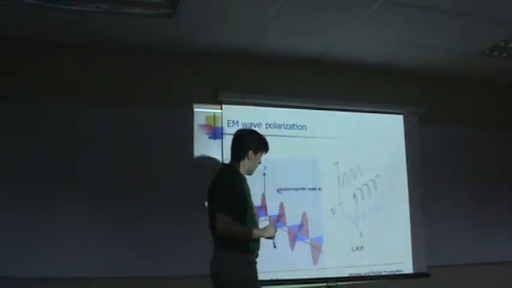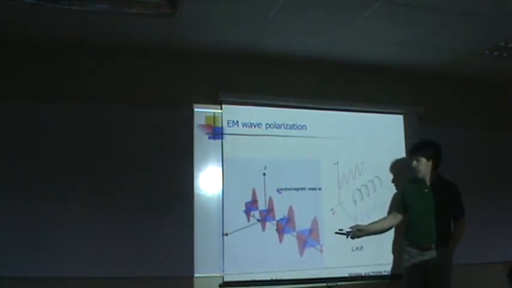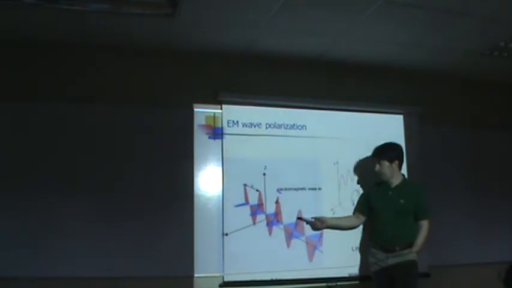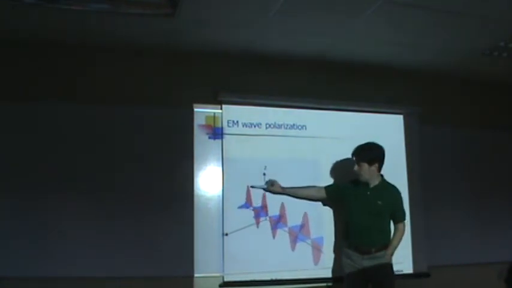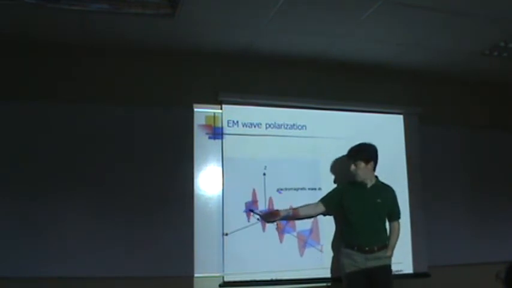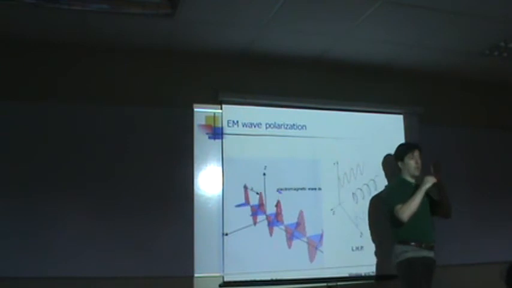Okay, so what you see here, or you should see here, is a plane linearly polarized electromagnetic wave. This is an animation where you see in red the electric field, and in blue the magnetic field. They are perpendicular to each other.